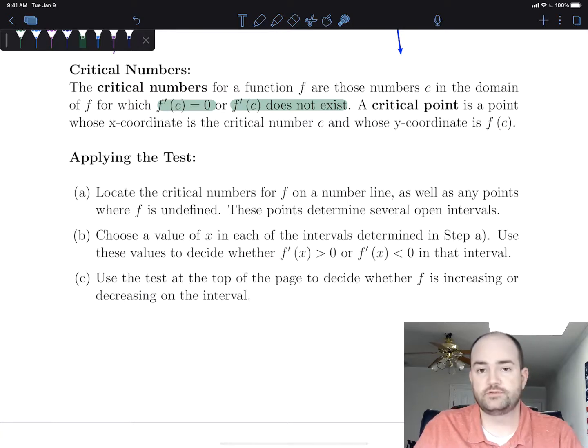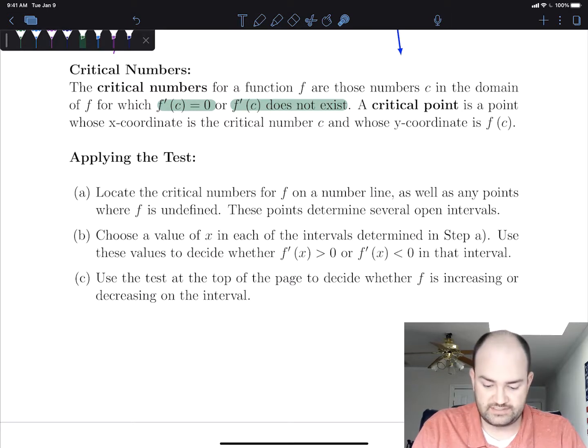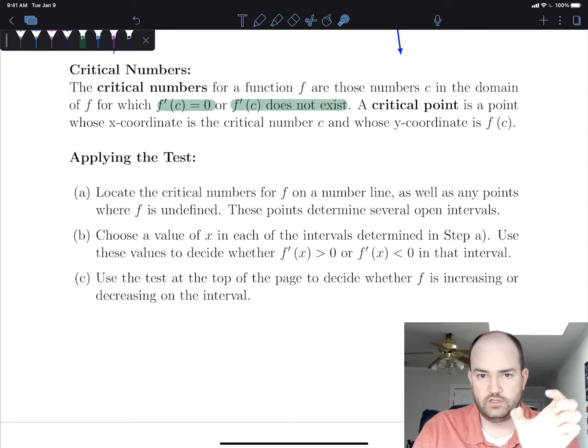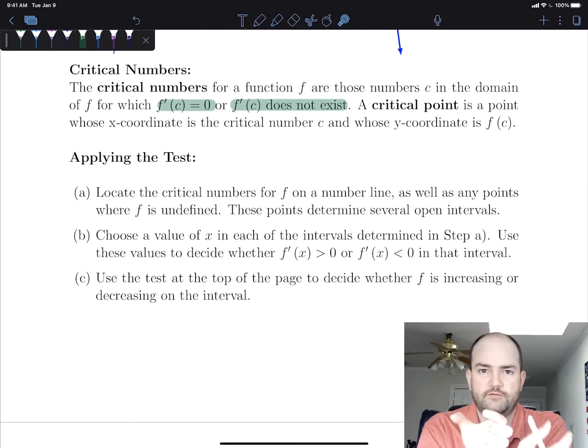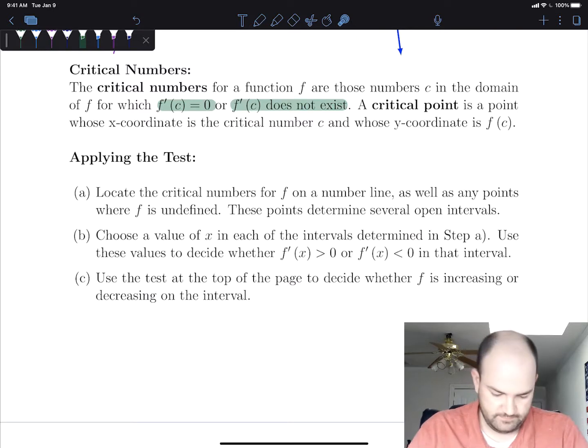So the critical numbers are where the first derivative is equal to 0 or undefined, aka does not exist. And the critical point is the x-coordinate of the critical number followed by the y-coordinate that you get whenever you plug it in. Okay, good deal.